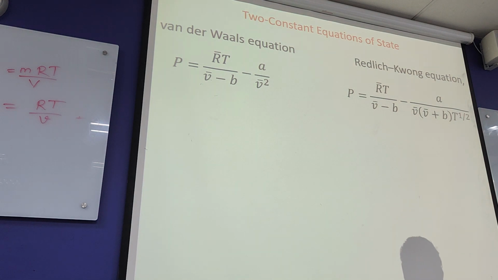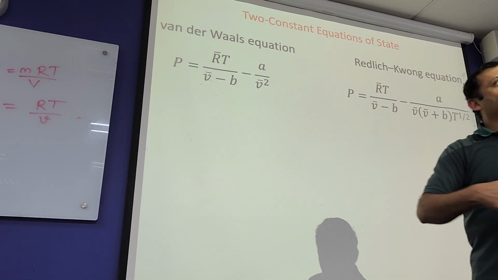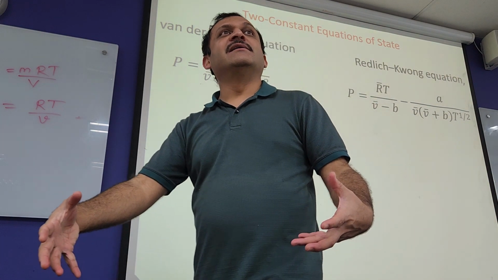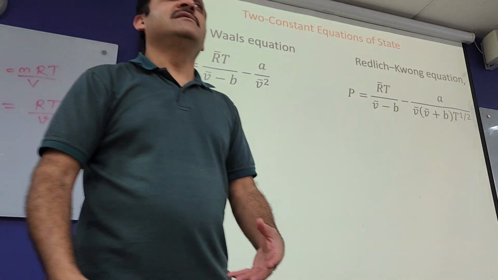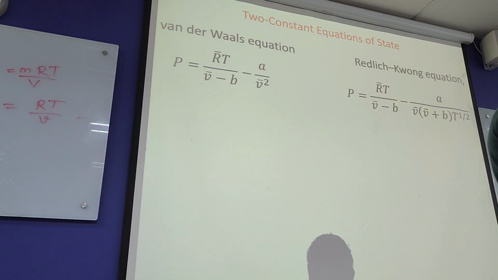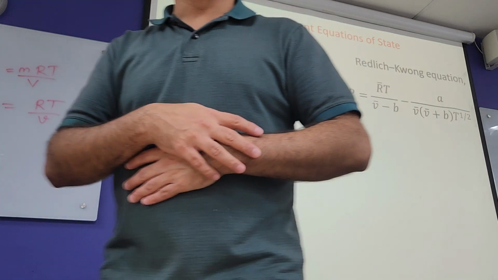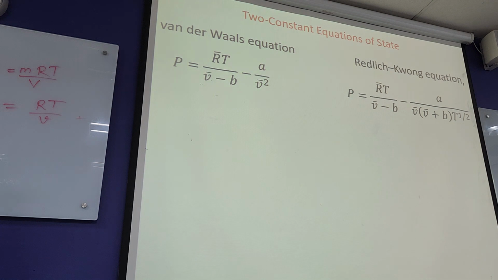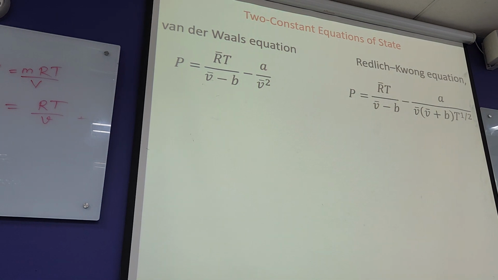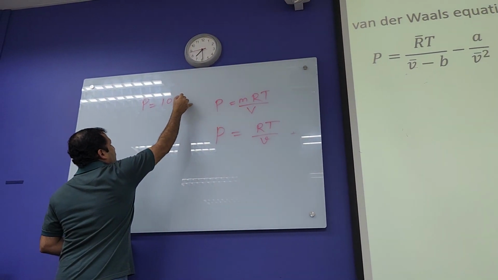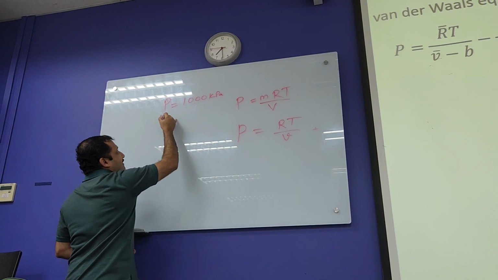So, if you want 1 kilogram of air to be stored under 1 megapascal pressure, at 20 degrees Celsius, how much should be the volume of the tank? Can you estimate that? Now, quick. Pressure 1000 kPa, which is 1 megapascal.